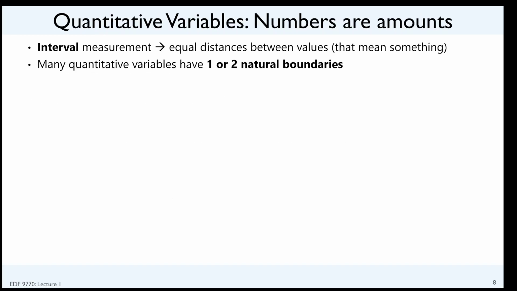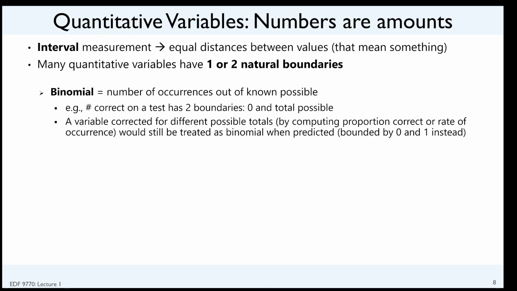Quantitative, then, is the word that I use for numbers that are actually numbers, amounts. In other words, interval measurement, where we are assuming the distances between means something. Most quantitative variables that we see in practice, though, are not actually continuous. They have boundaries: low end, high end, or both. For instance, a binomial type of variable is the number of occurrences out of a number possible, such as number correct on a test.